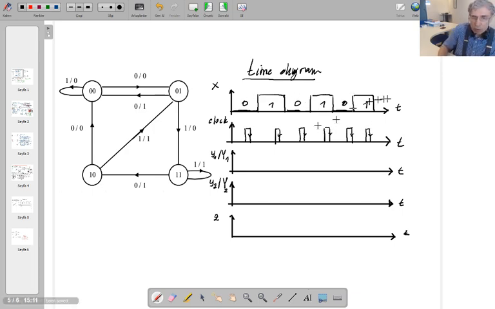So this is input. That is how this input is accepted by the circuit. And at the beginning, since we've got 4 different states here, 00, 01, 11, 10, these are the 4 states. At the beginning, before the first clock pulse is applied, I am going to start from a state. This state is called the initial state. So assume that the initial state is 00.